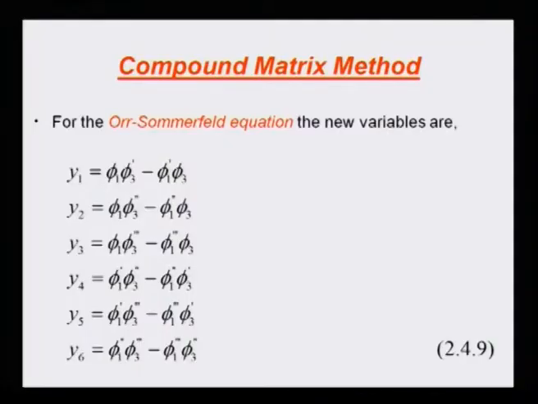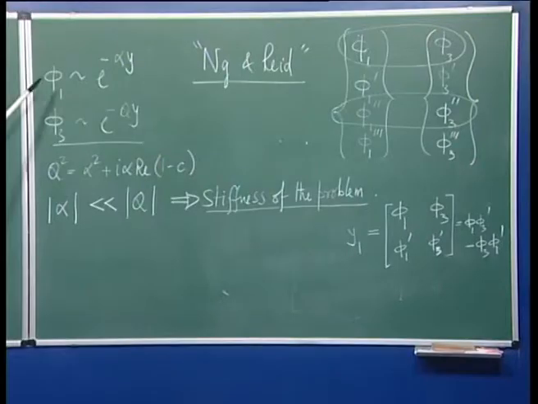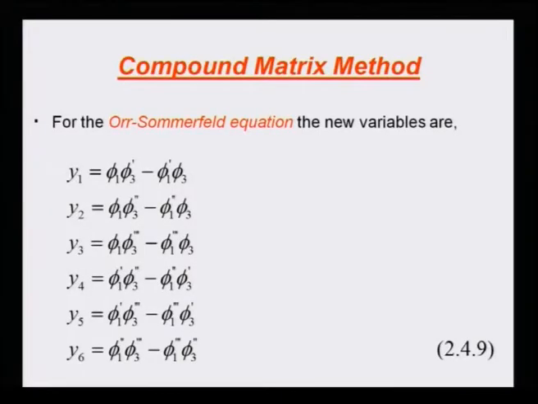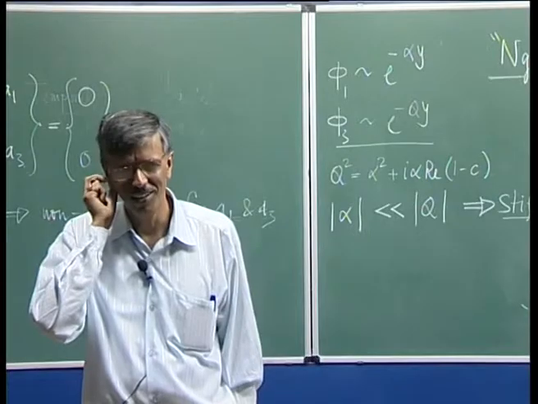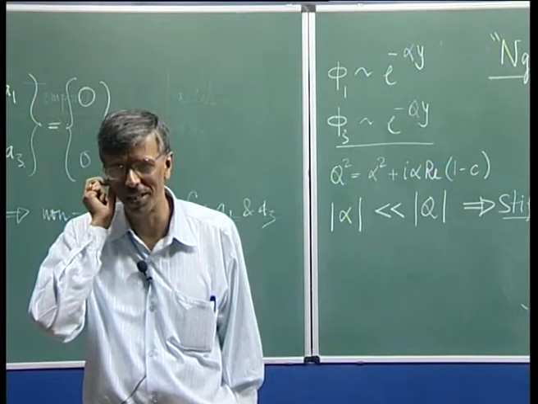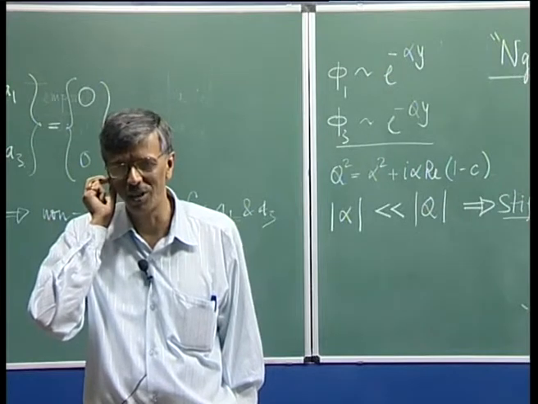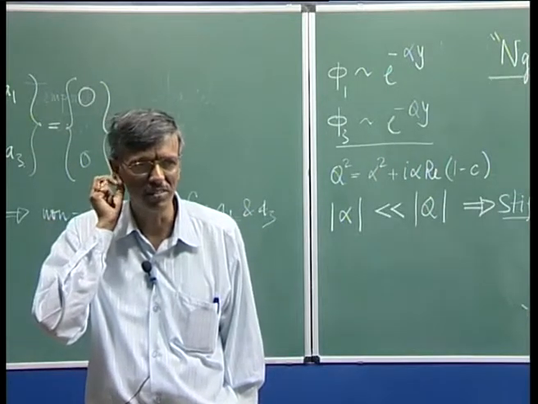Now, once again I write this phi 1 and phi 3 like this and substitute it there. Then what do I find? The exponential part will still be the same thing. So, at least we have ensured that y 1 and y 2 grow or decay at the same rate.